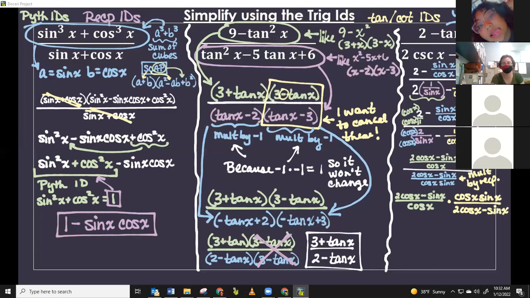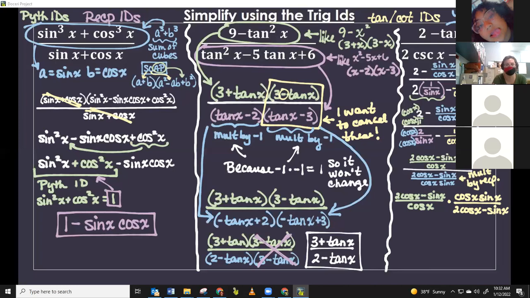minus sine x. How does that help me? What can I do now that I couldn't do before? What can I cross out?